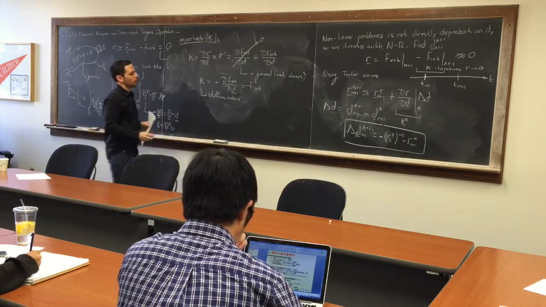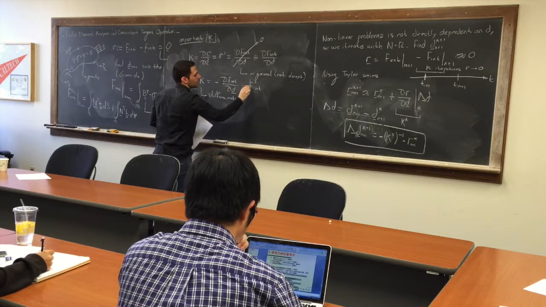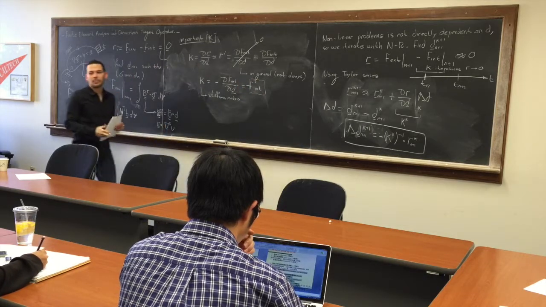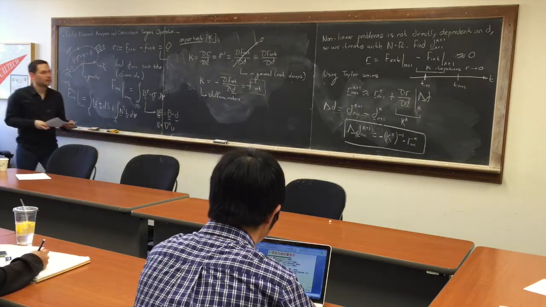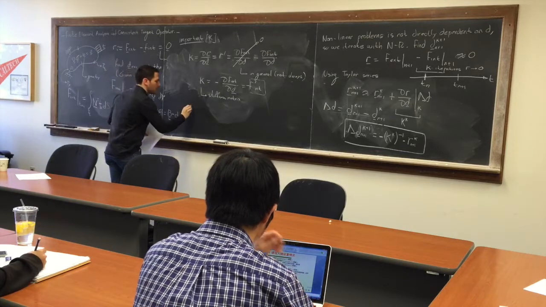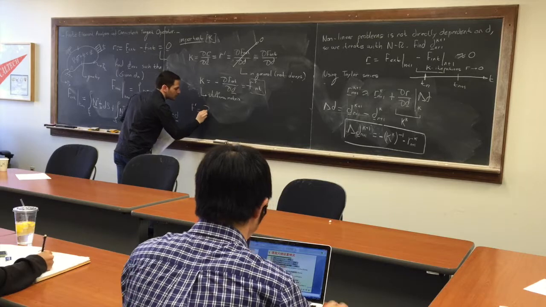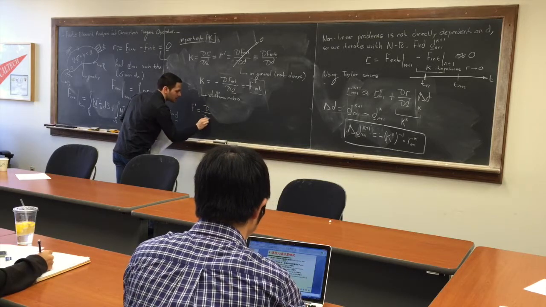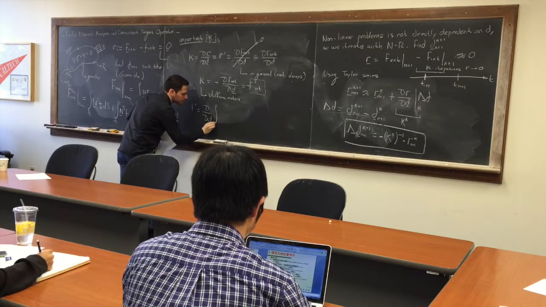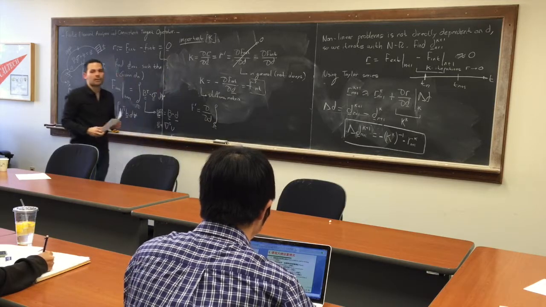And now we know this from the finite element discretization, right? So F prime is equal to the derivative with respect to the displacement of what?